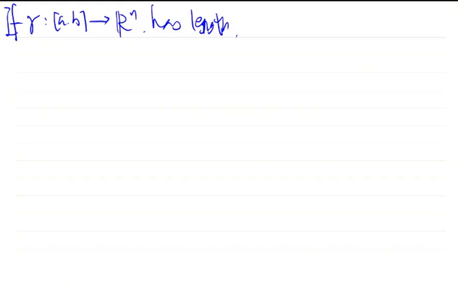Suppose gamma is a patch. If it has length, we also say that gamma is rectifiable.